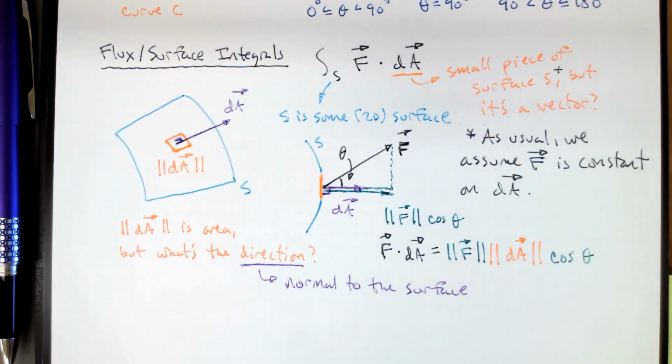So we're really doing a very similar thing. We're seeing how much of the vector field is flowing through the surface. We're measuring the amount perpendicular to the surface.